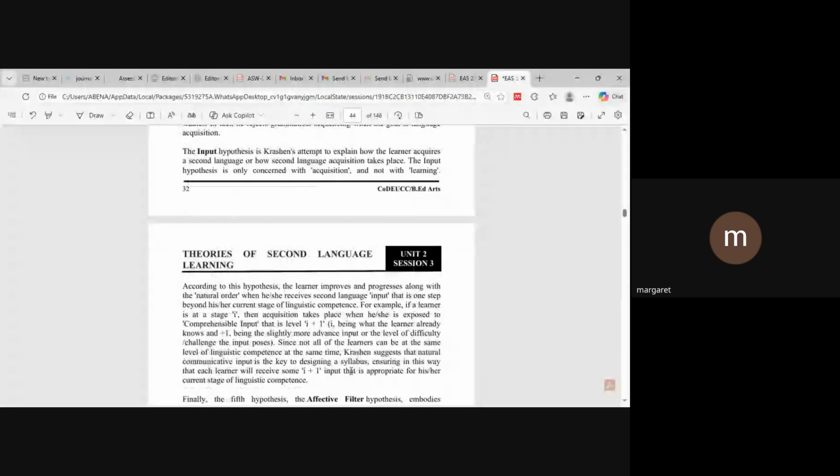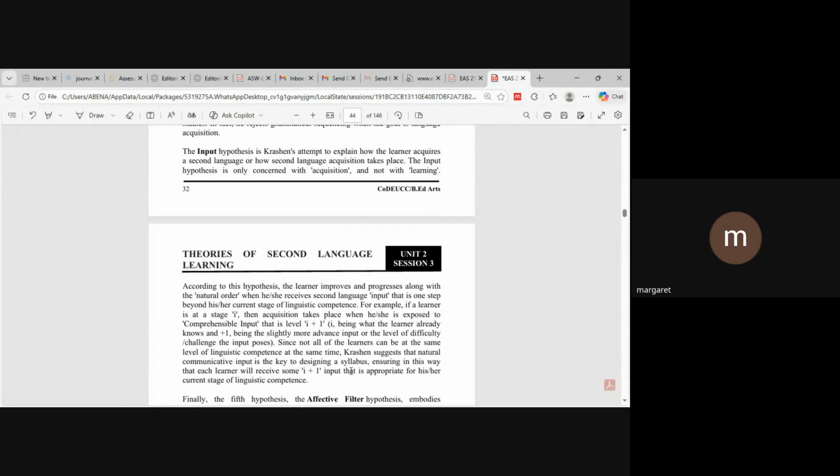So we have something called comprehensible input, or plus one, in this hypothesis. Okay, so at every level, when the child comes to your class, there is an addition to what the child already knows. That is what we mean by input hypothesis. However, this input should be something that the learner can make meaning of. If the learner doesn't make meaning of that input, it is not comprehensible, and then learning becomes difficult.